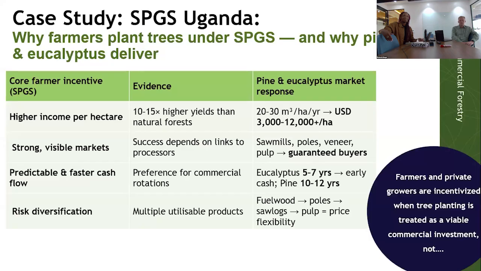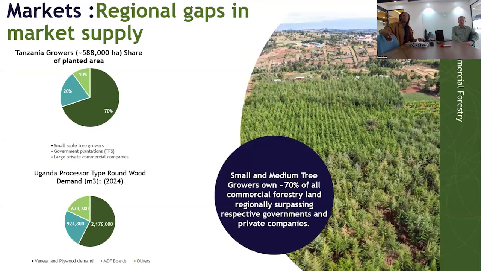Next slide, please. So just 1 minute, Elizabeth. Sure. So just to stress again, there are very much local and global markets ready to take on these exotic species. And just to stress, in Tanzania, there's about 588,000 hectares available for commercial forestry, and 70% of this is mainly under private growers.